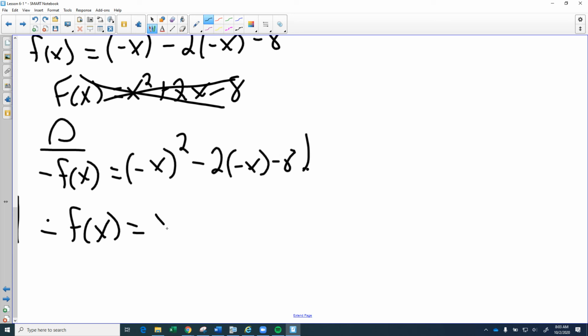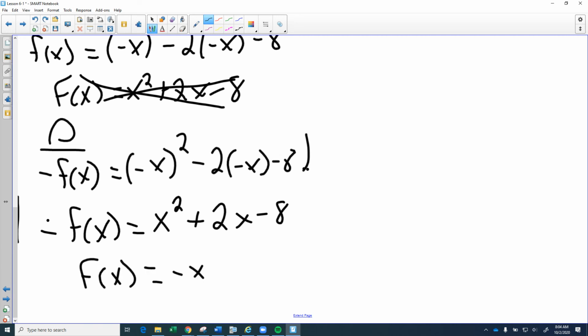So that's going to be equal to x squared, because the negative x would cancel because of the square, plus 2x minus 8. And if I go back to the original and flip the signs, this would become negative f of x equals negative x squared plus 2x minus 8. So this one also doesn't work.